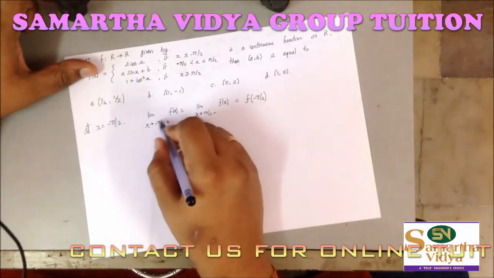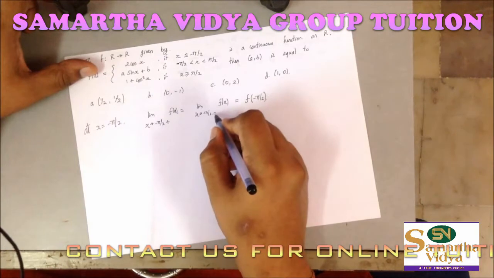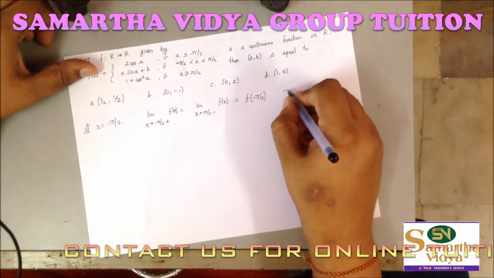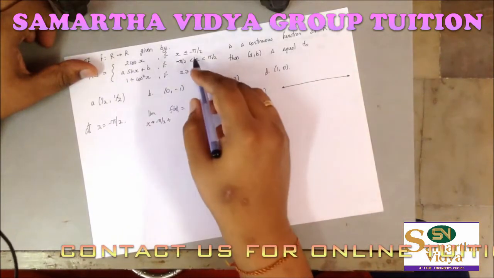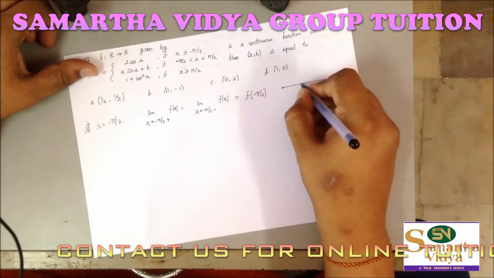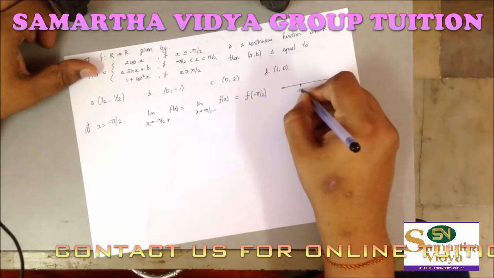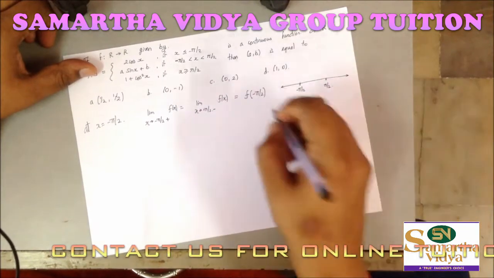Now just recollecting what this notation is, minus pi by 2 plus and minus pi by 2 minus. I will explain it in the form of a number line. We have various points which are given, minus pi by 2 and pi by 2. Let us say that minus pi by 2 is this region and pi by 2 is this region.